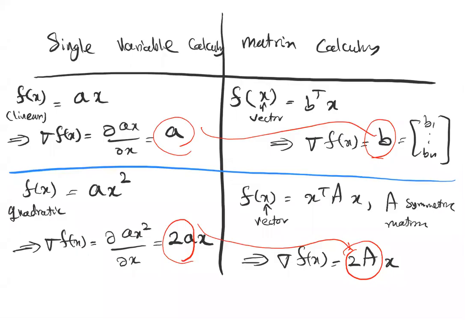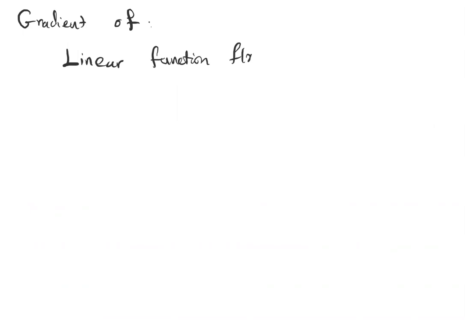All right. In this lecture, we talked about two special cases of gradient. Gradient of linear function, so f of x is b transpose x. Gradient of f of x is b, where b is a vector.